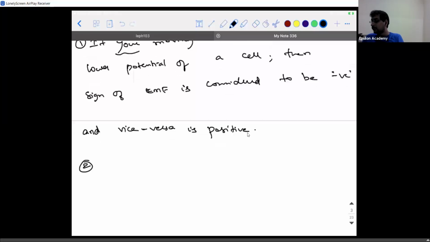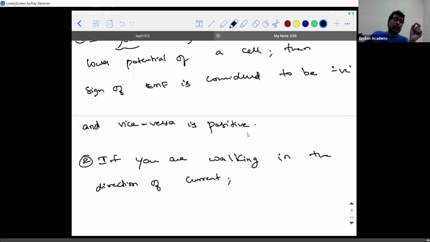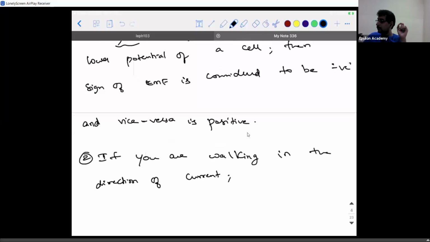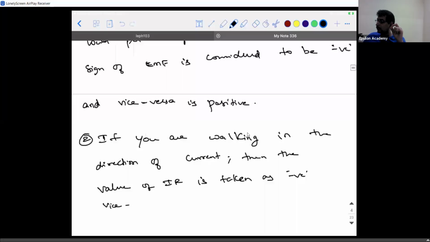Second, if you are walking in the direction of current, then the value of IR is taken as negative and the vice versa is positive.